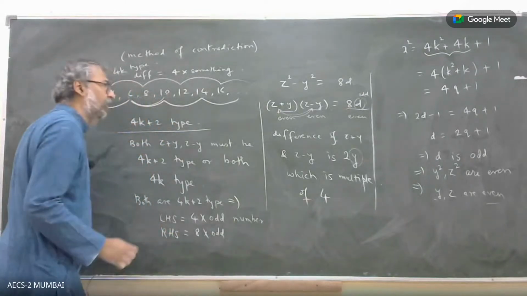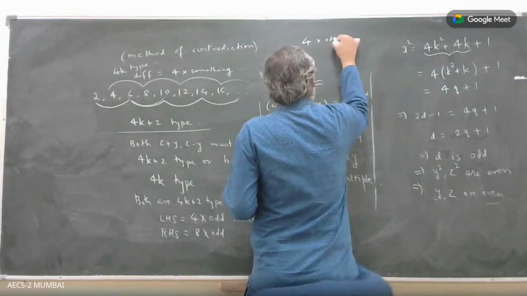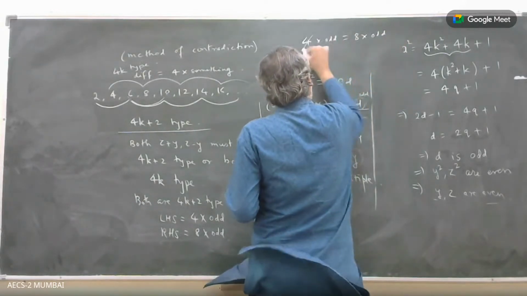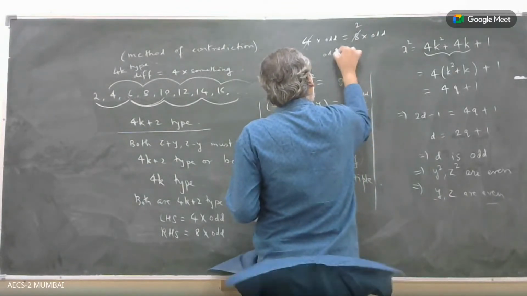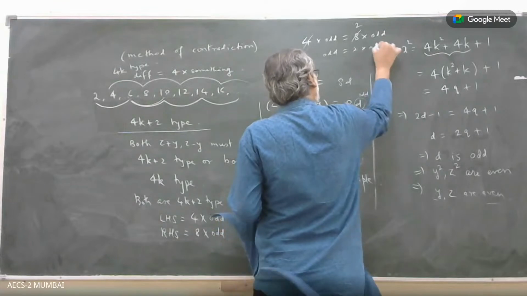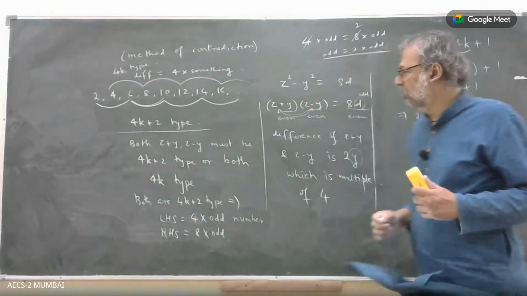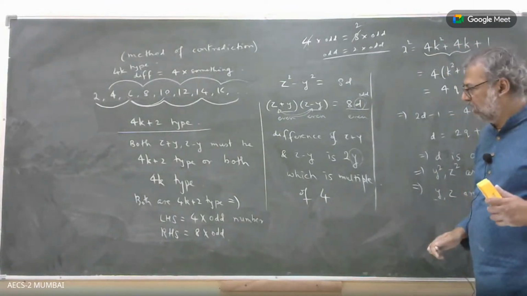Do I get some contradiction? 4 times odd, 4 times odd equals 8 times odd. So 4 ones are 4, 4 twos are 8, so odd equals 2 times odd, right? That is wrong. Agree? Odd is 2 times odd, that is wrong, right?